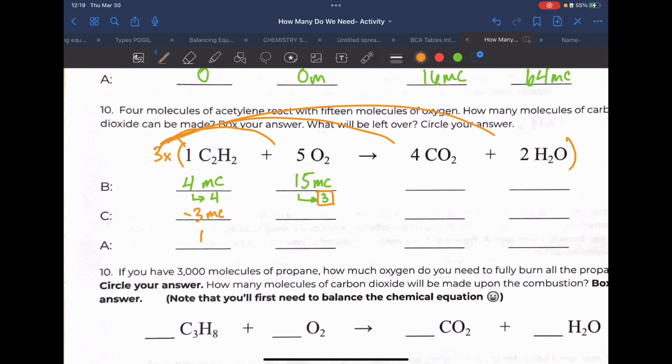We're going to spend 3 of these, have 1 left over. 3 times 5 is 15, so we're going to spend all 15 of these oxygen molecules, end up with 0 molecules. We're going to make 12 CO2s, and we're going to make 6 H2Os.